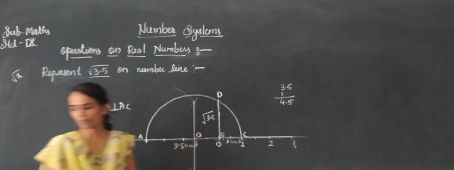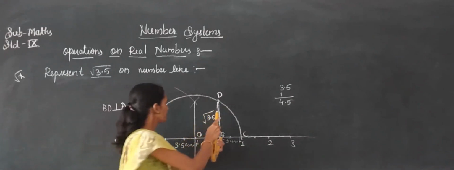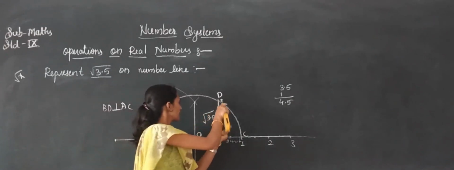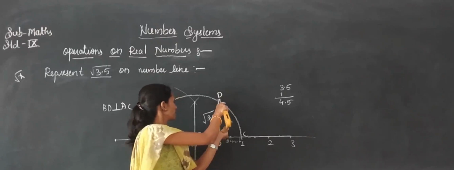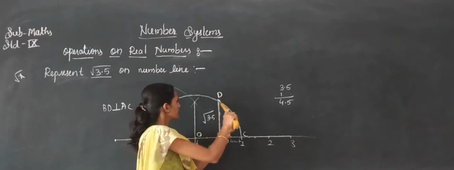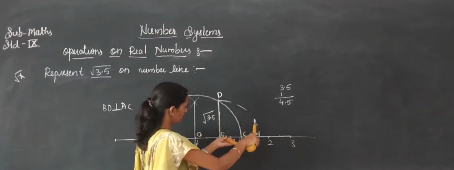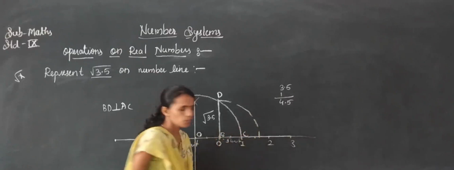So from that point you have to take A as 0, and take B to D as the radius of the compass, then draw a dotted line. It will become between 1 and 2.